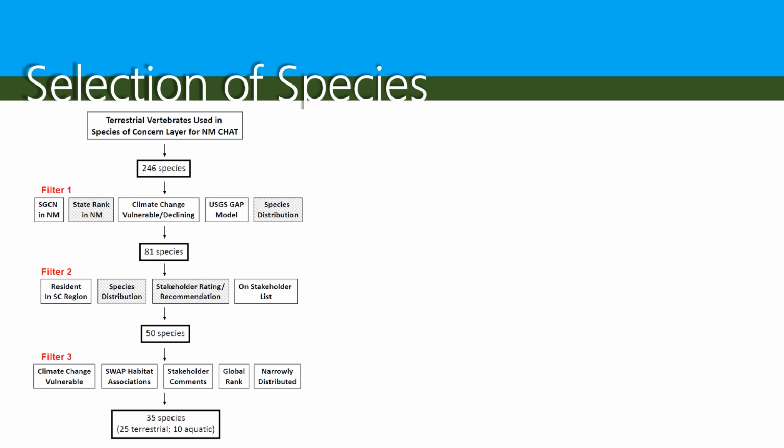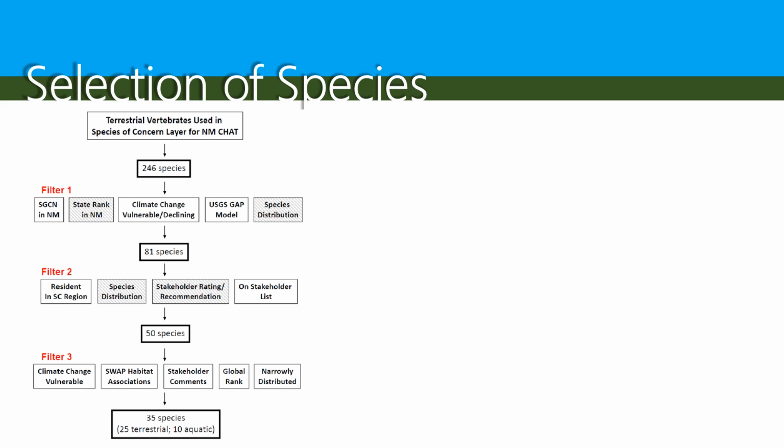We spent sufficient time in selecting the species we need to model. As you can see in the diagram, we started with 246 species listed on the species of concern layer for the New Mexico CHAT. We looked at the different characteristics of the 246 species, and we used these characteristics as filters.